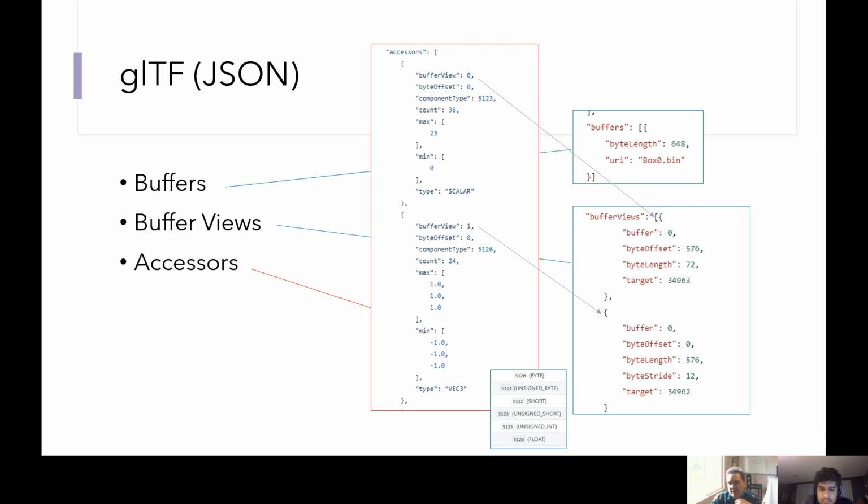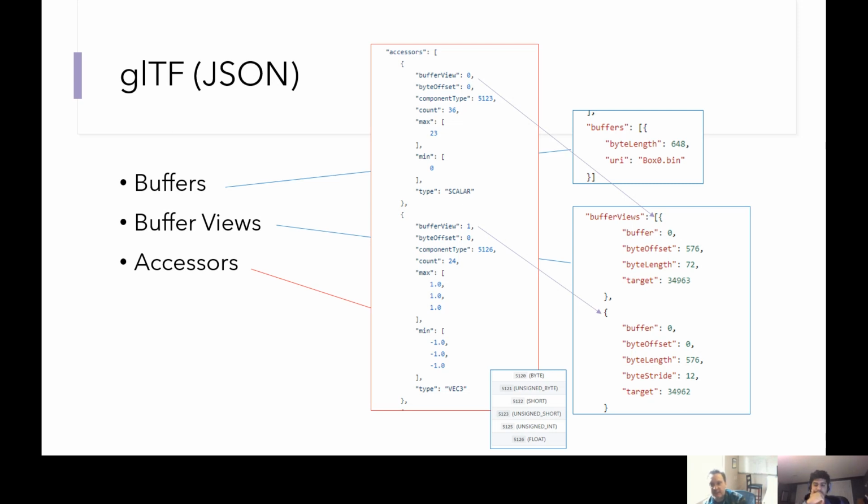What we see from this is that there are actually 24 vertices that make up the various triangles in here. Similarly, the next set of data, accessor 1, points to buffer view 1, which again points to buffer 0, and a certain byte offset, which in this case is 0. So it's the start of that buffer view.